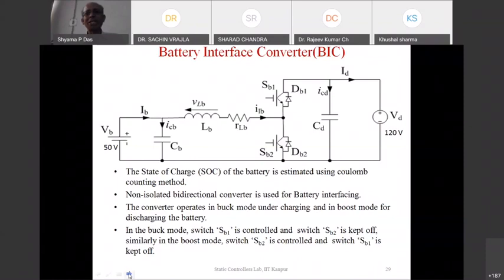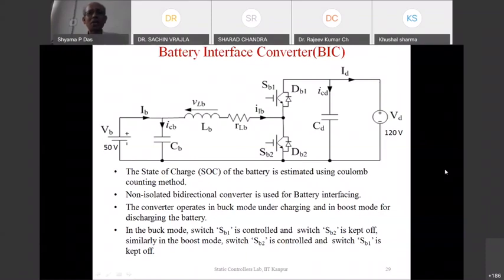Each IGBT or power switch has an anti-parallel diode. The discharging of the battery happens through the inductor when we close the switch, and the current goes to the microgrid when the switch SB2 is off. So when we discharge the battery, SB2 is operated and SB1 permanently remains off.